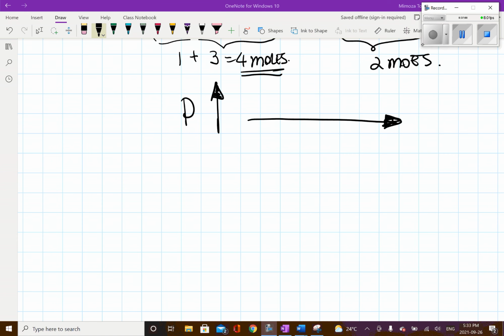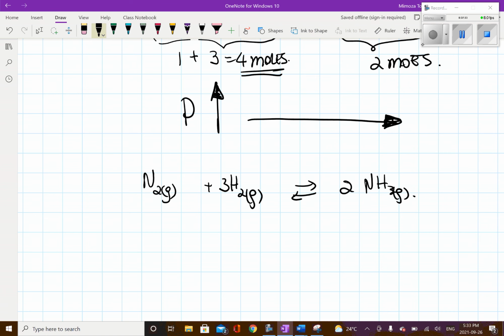So now let's introduce the change of volume for the same reaction, N2 plus H2 giving NH3. What we have to keep in mind is the fact that volume and pressure are inversely proportional to each other.